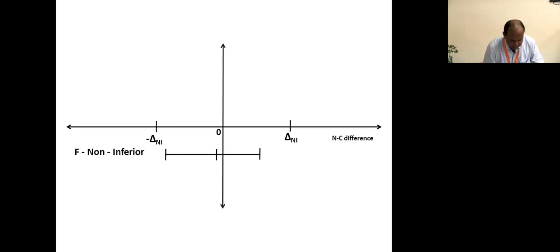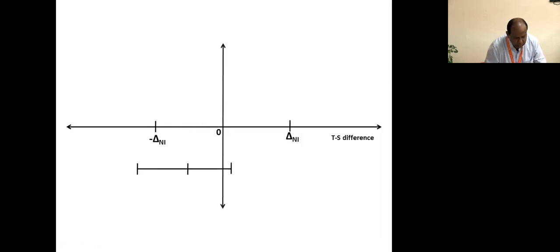The line has come here. It should go there. Can you see this line here? Yes. So it is non-inferior because it falls within this limit. This lower limit is within this limit. Therefore, it is non-inferior. Inferior, definitely inferior.